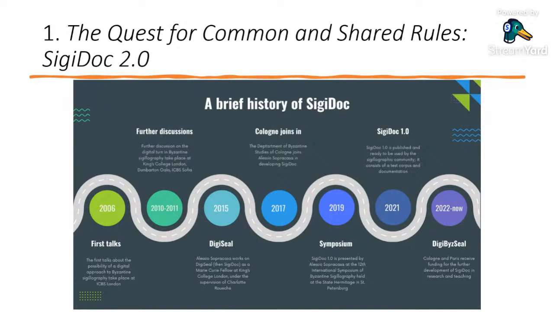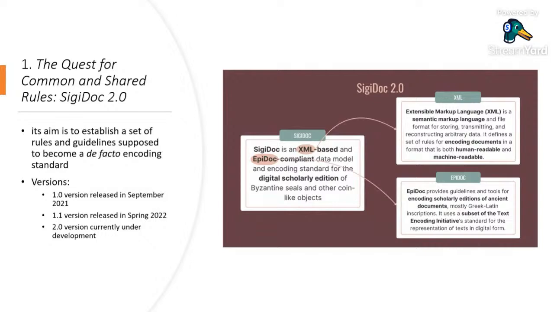The idea of having a common digital way to edit seals and share our sigillographic data and material dates back to the beginning of the century, actually, and this went through several steps, but it's only between 2015, 2017, and today that this approach started to be really addressed and to take life, actually.